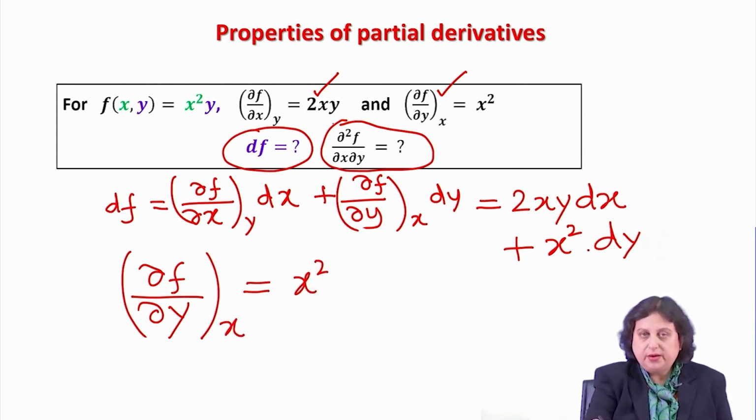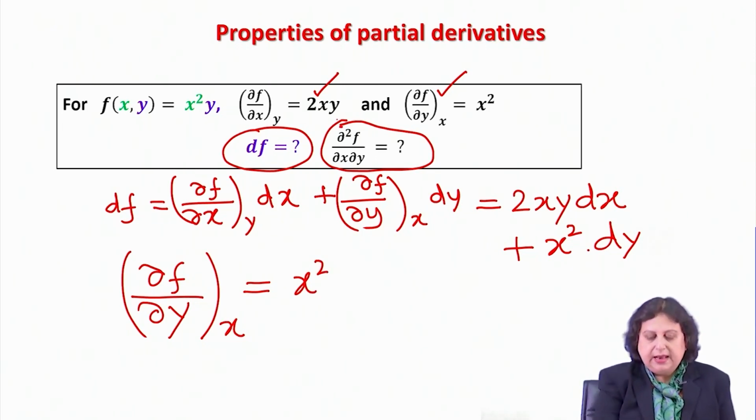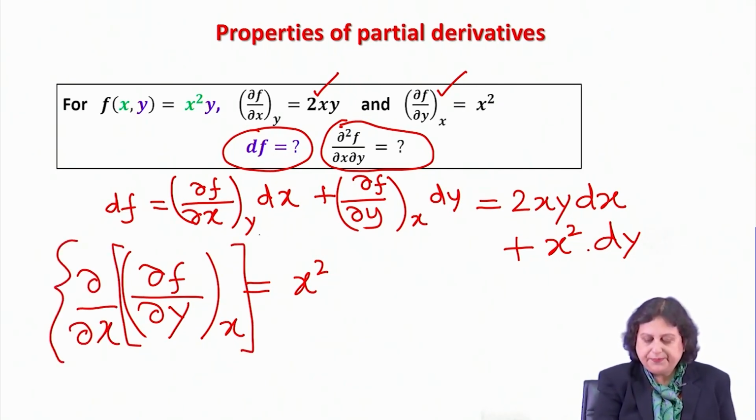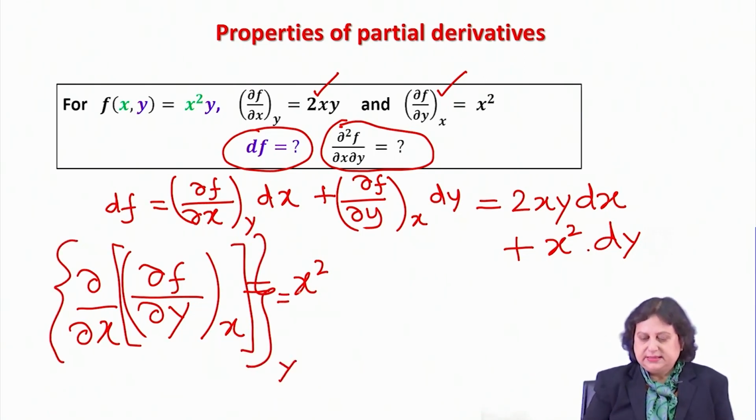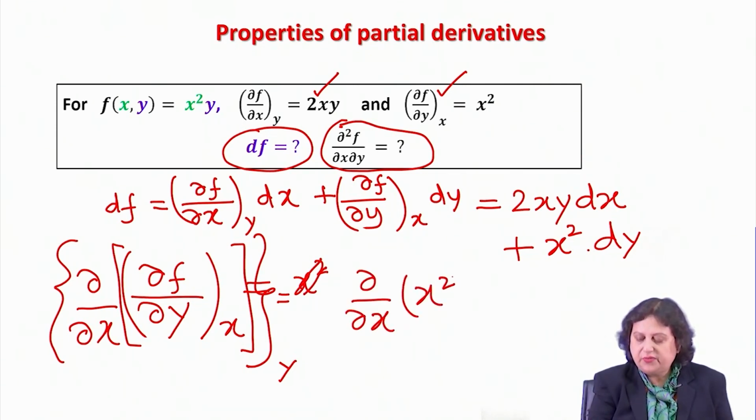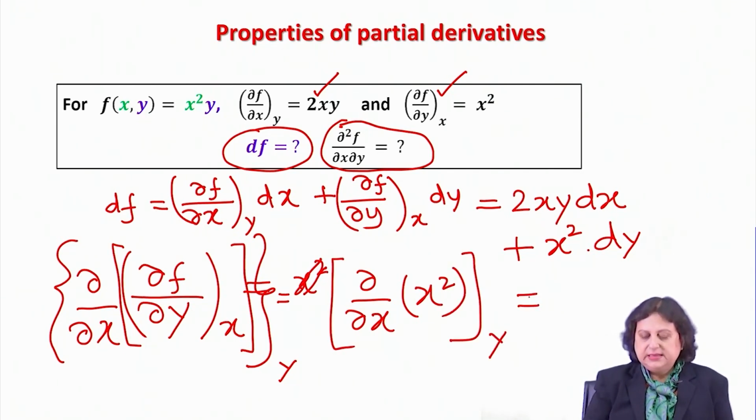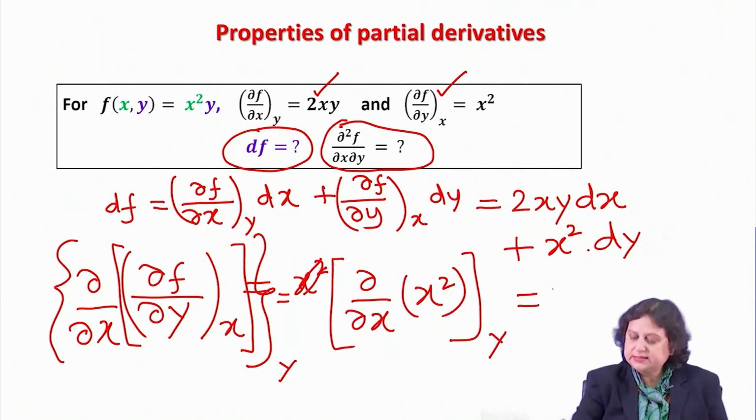So if I want to find out this derivative, then I'll have to take a del del x of this quantity by keeping y constant. Is that clear? So if I take a derivative, then this quantity now becomes del del x of this function of x and y keeping y constant, and that turns out to be 2x.